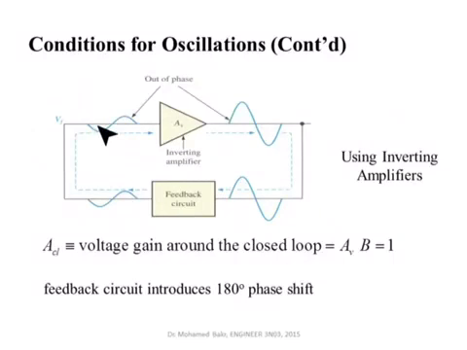In other words, the output is an amplified version of the input, and the feedback signal is an attenuated version of the output, and then it recreates exactly the same input signal. Mathematically writing it, this is what we have. The product of the gain of the amplifier and the attenuation of the feedback network will give you 1. This can be -10, this is going to be -0.1. So this is how you can implement an oscillator using an inverting amplifier.